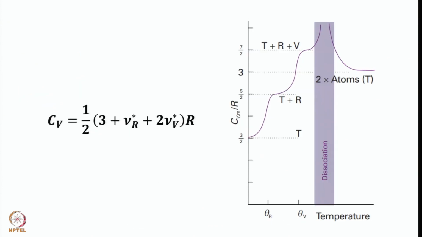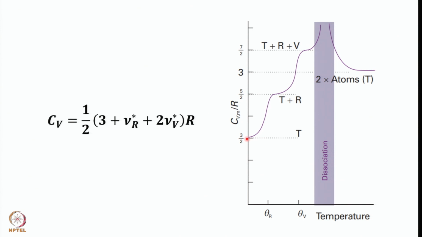With several considerations of translation, rotation, vibration and electronic, we came up with an expression which could be used to estimate the constant molar volume heat capacity. This was a very important observation. Consider a gas.